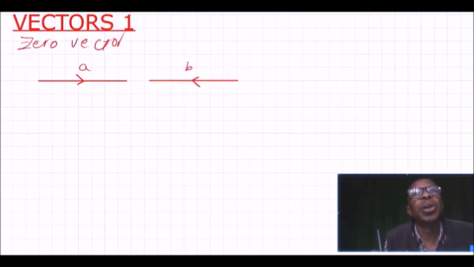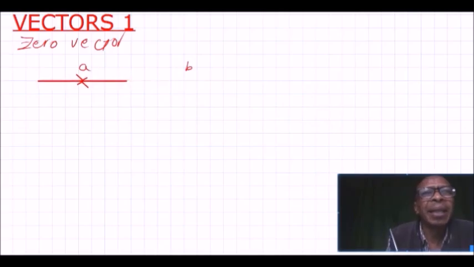So you can see A and B are equal in magnitude because I have duplicated it, but in a different direction. This means that if you bring B on top of A, they will cancel each other. What does that mean?